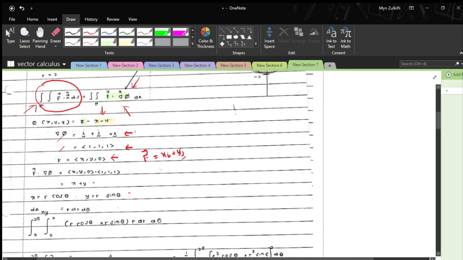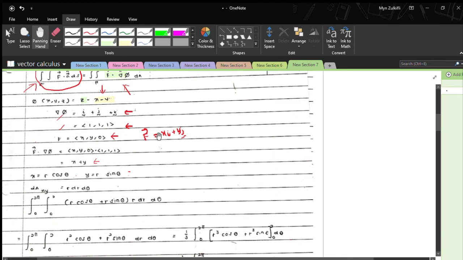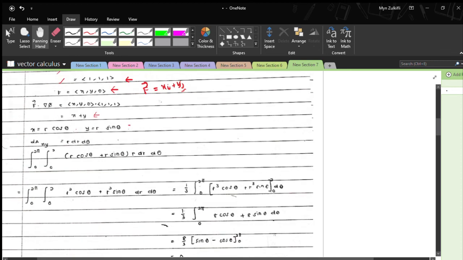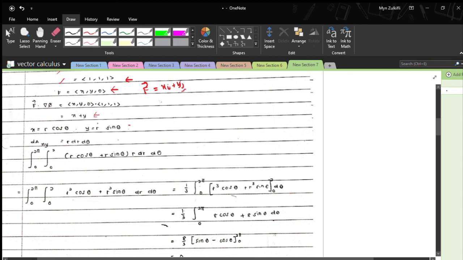And since it is a circle, it is better to use polar coordinates. In polar coordinates, we know that x equals r cos theta and y equals r sin theta, and dA will be r dr d theta.